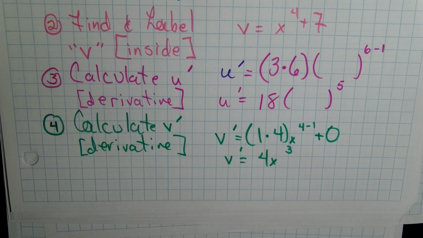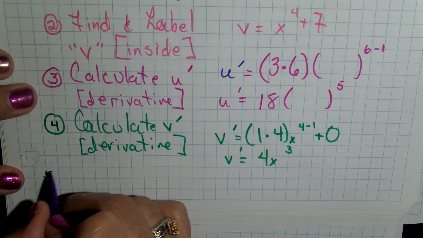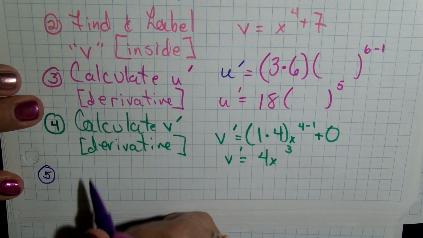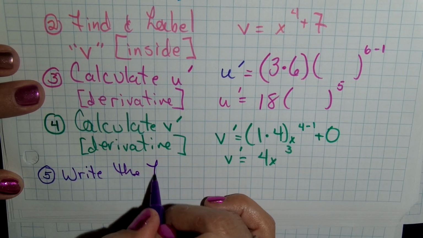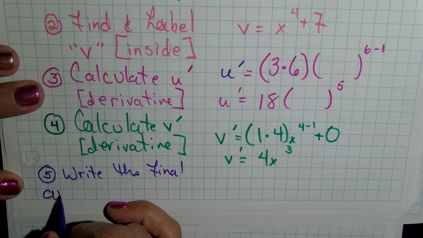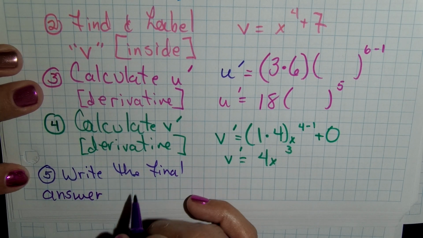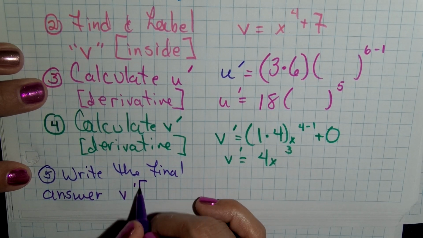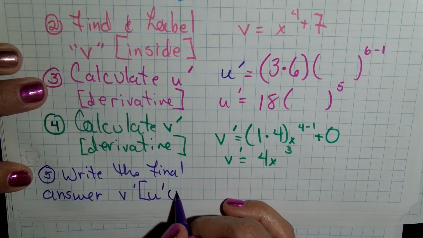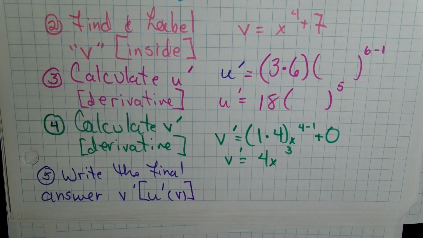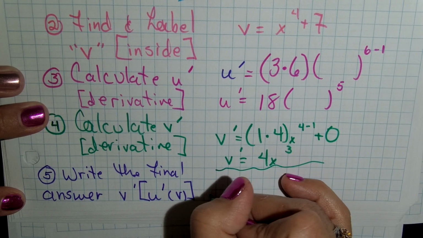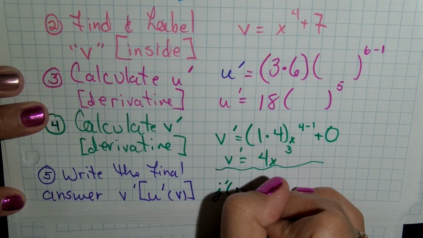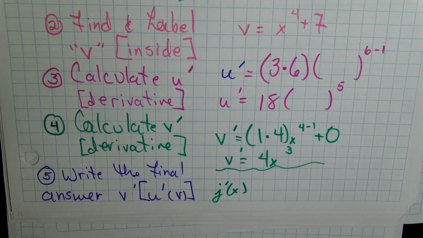Okay. Since there are no questions, we'll move on to our last step, which is to write the final derivative in the form of v prime, u prime of v. So I have j prime of x. Remember, use your notation.